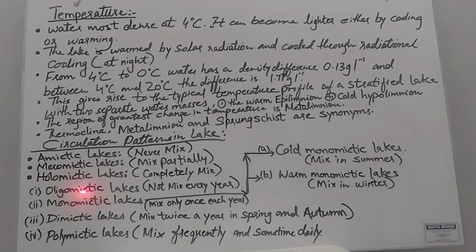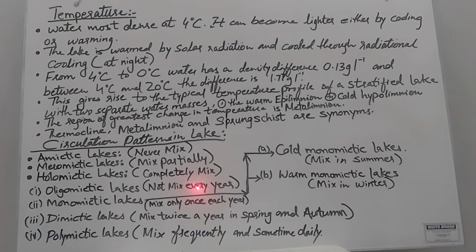This type of holomictic lake is not mixed every year, because such lakes are usually large and have a large heat storage capacity. They are not mixed completely, depending on the specific climate condition. That's why they are not mixed every year.